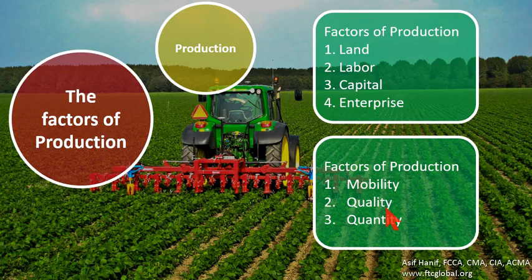Population growth rate, the quantity of your labor goes up. Improvement in technology, the quality of your production goes up. Better means of producing goods and services, quality and quantity can go up. So technology, training, discovery of natural resources, better means of producing goods and services, they can change the quality and quantity of your factors of production. So that completely covers what is needed as per your syllabus learning outcome statement.